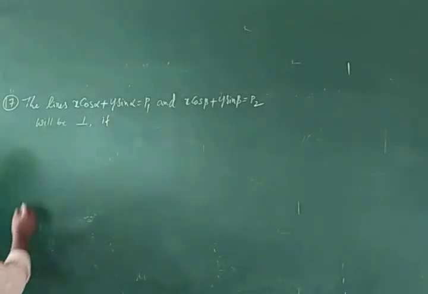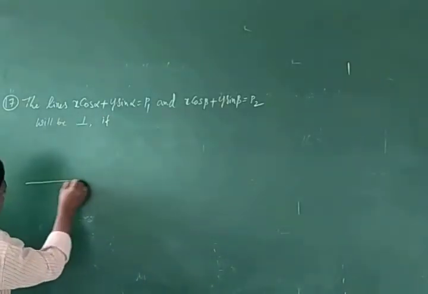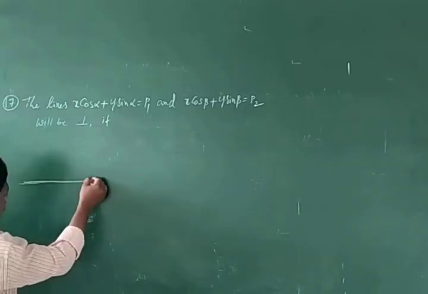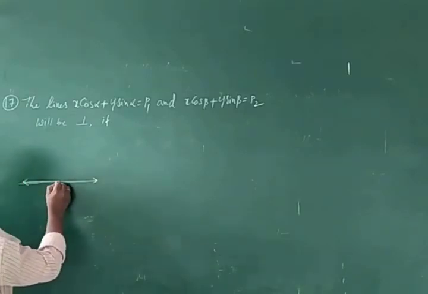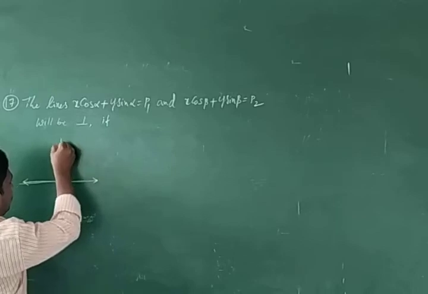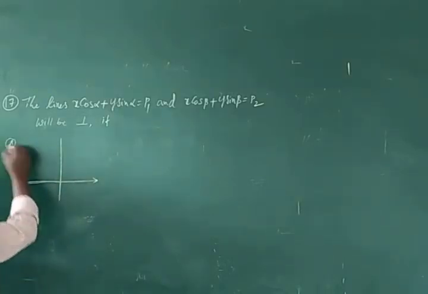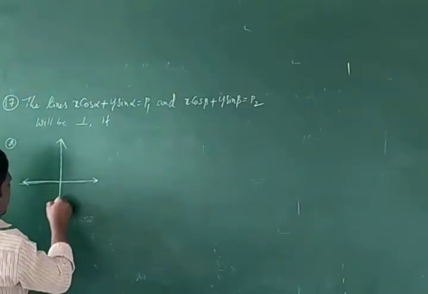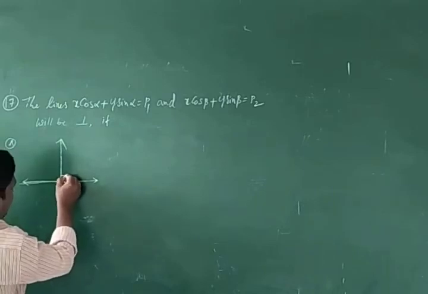From the diagram, for example, this is the straight line, this is the perpendicular line, it is 90 degrees.